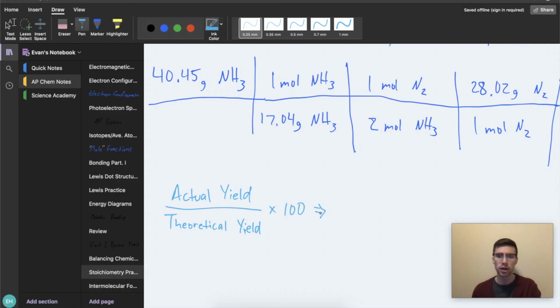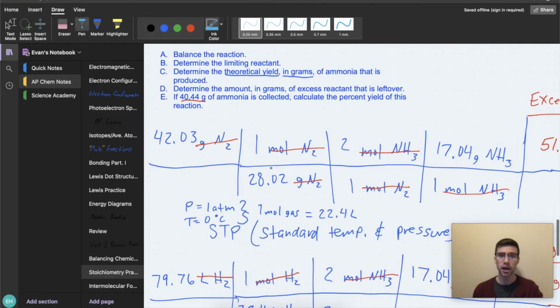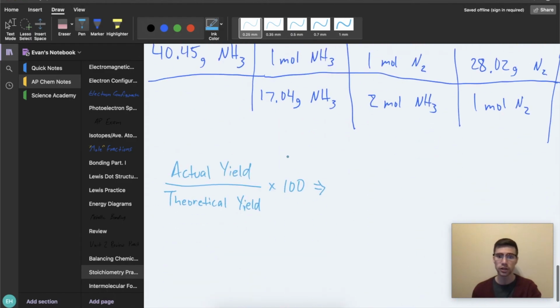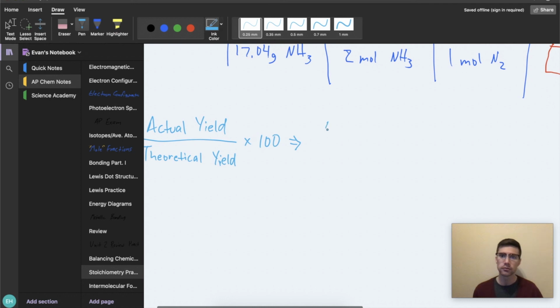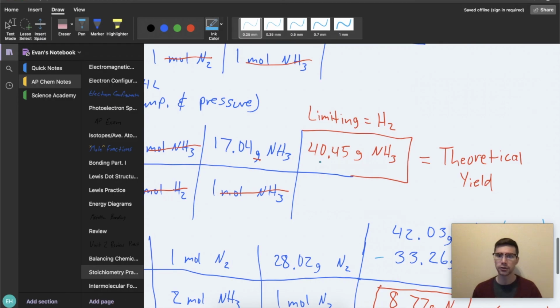So in this problem, if we actually wanted to plug things in, the actual yield is what we're given up here. Okay, it says if 40.44 grams of ammonia is collected, so if that's the amount that's collected, that's our actual yield. Okay, so 40.44 grams is our actual yield. Now, based on our stoichiometry earlier, we know that our theoretical yield is right here, 40.45.